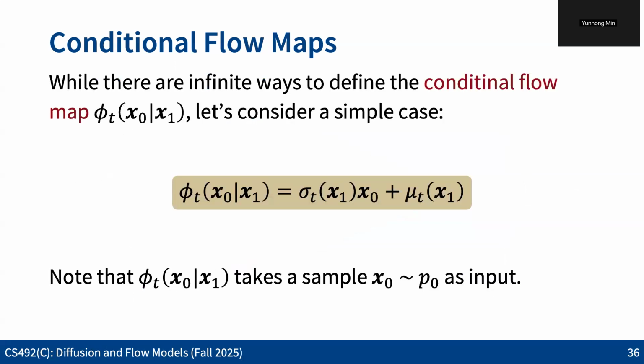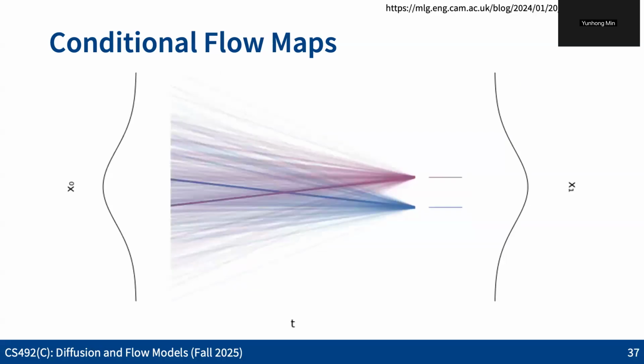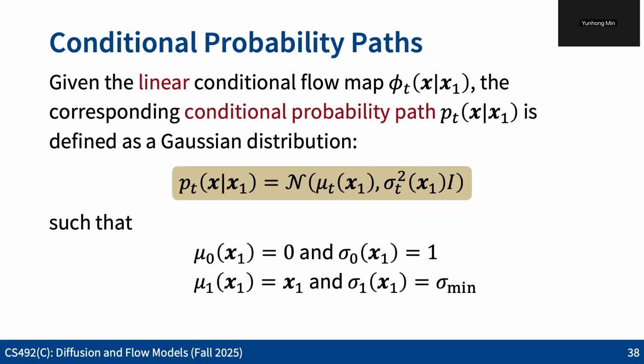The reason why we have this simple form, the linear function of the conditional flow map, is that once we define the conditional flow map in this very simple way, everything becomes quite simple. There should obviously be reasons for that, right? Then we can easily define that the corresponding conditional probability path can also be defined as a Gaussian distribution.